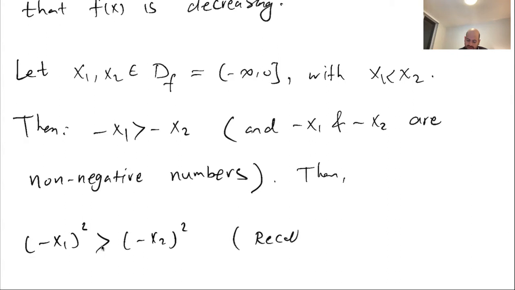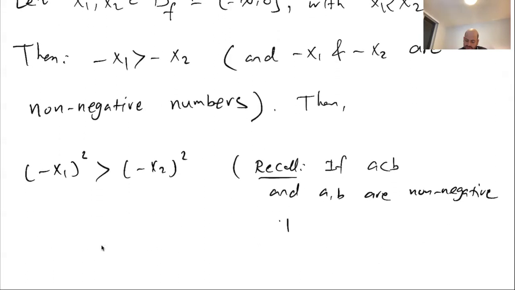Recall, if A is less than B and A and B are non-negative numbers, then A squared is less than B squared, okay? So if you have an inequality and both sides are non-negative, then yes, of course, you can raise both sides to power 2.